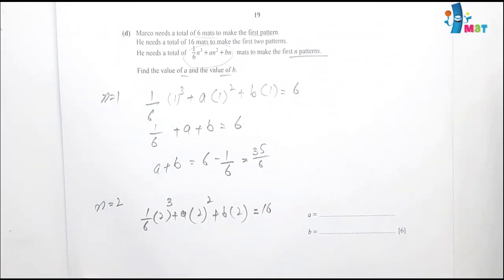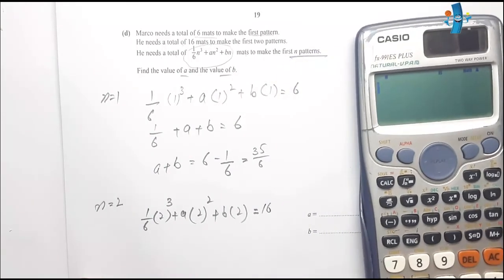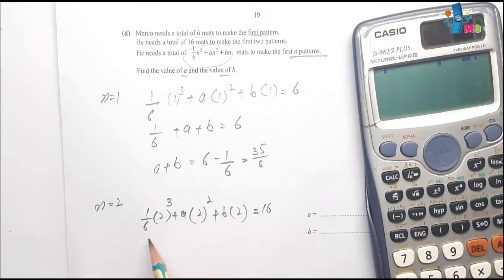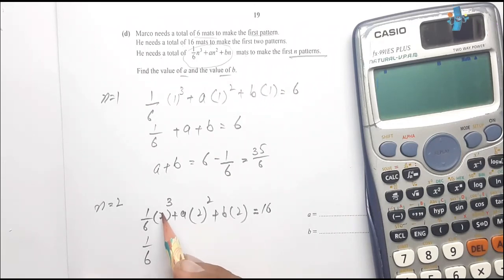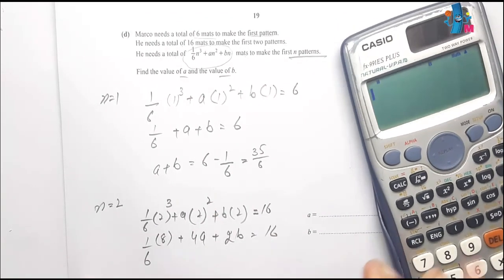So if we calculate, basically we can calculate this 1 over 6 into 8, because 2 cube will be 8, plus 2 square will be 4a, plus 2b is equal to 16.